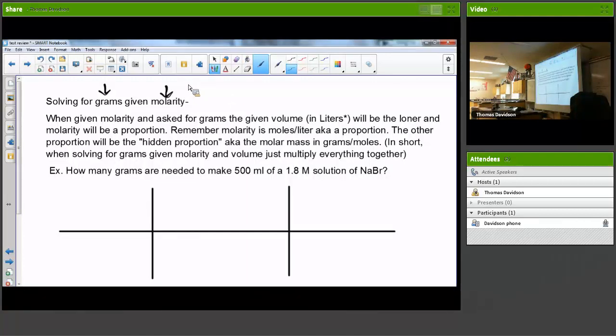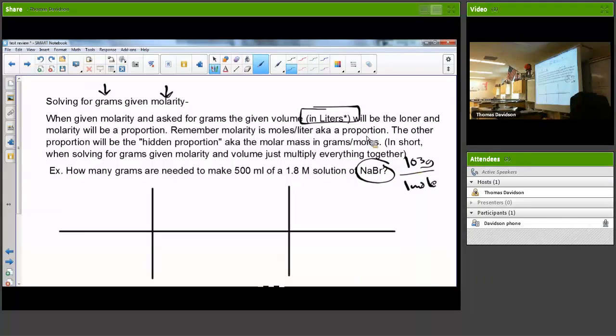So when given molarity and asked for grams, the given volume in liters will be the loner, and the molarity is a proportion because, remember, molarity is moles per liter, aka that's a proportion. The other proportion will be the hidden proportion, aka the molar mass in grams per mole. We already did this. It was 103 grams per 1 mole, right?